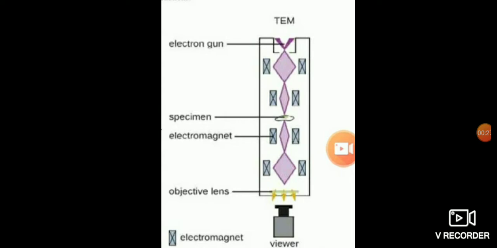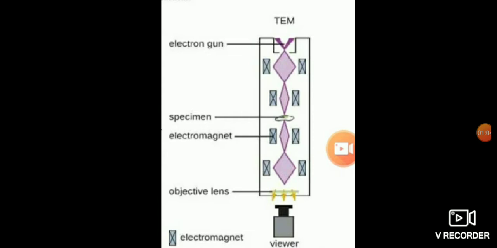In a transmission electron microscope, a beam of electrons is passed through an ultra-thin specimen, interacting with the specimen as it passes through. When electrons are accelerated to high energy levels and focused on a material, they can scatter or backscatter elastically or inelastically, or produce many interactions, a source of different signals such as X-rays, Auger electrons or light.